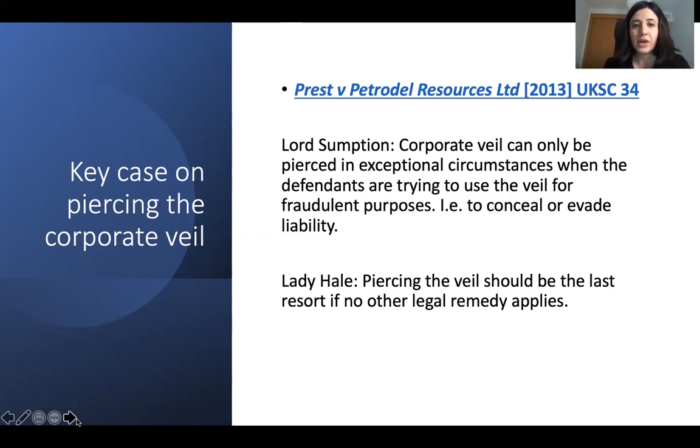In particular, Lord Sumption argued that the corporate veil can only be pierced in exceptional circumstances, such as concealing or evading liability. So if the members of the company, the shareholders, are trying to conceal their illegal activities behind this protection, behind this shield that the company offers.